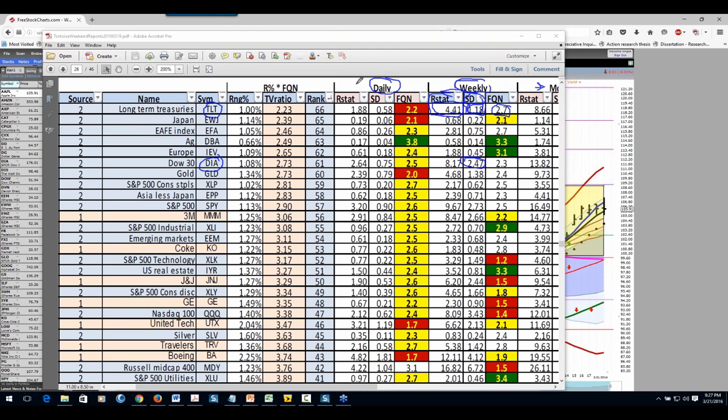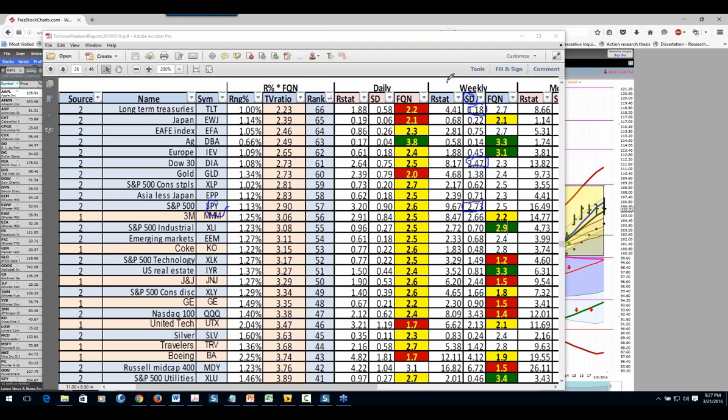This is your daily columns, your weekly columns, your monthly. So the weekly frog box in treasuries is the SD number, $1.18. In diamonds, it's $2.47. In the S&P, it's $2.73.